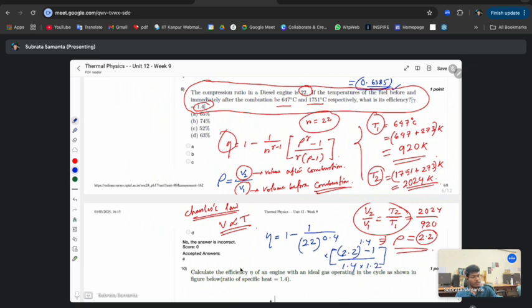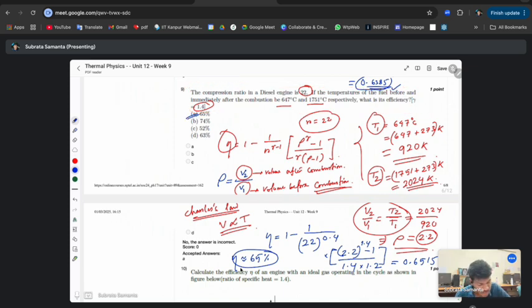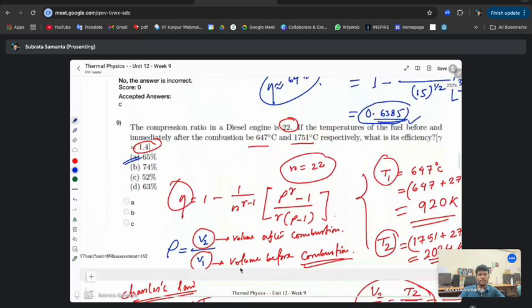If you calculate this, the number becomes 0.6515. So the eta is basically 65%, so option A is correct. The value of eta, the efficiency, is basically 65%.